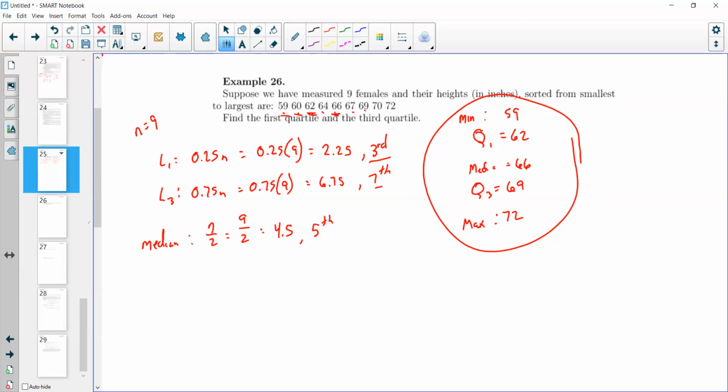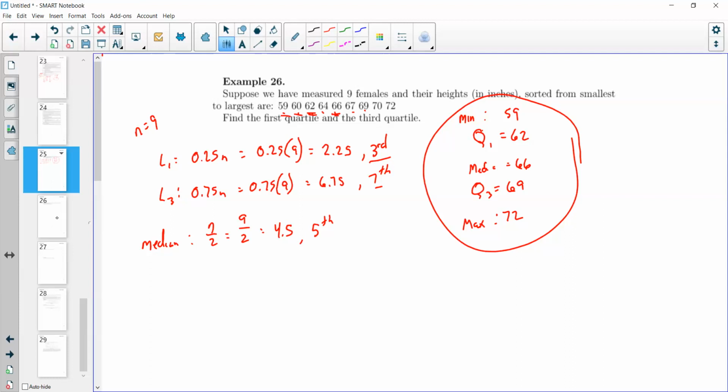And then Q3 is the 7th data point. Okay. Good question. It's 3. It's not 3. That's the location. Are we ready? Anybody need more time on this?